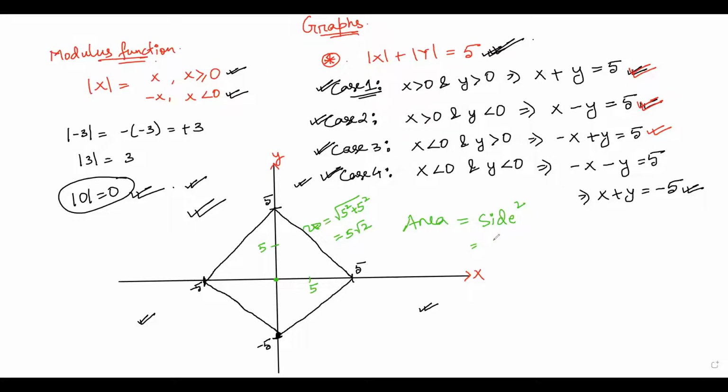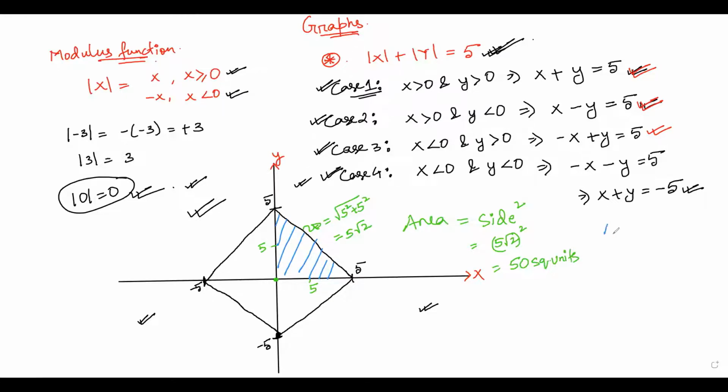So the area of the square would be simply side square, which would be 5 root 2 square, which would give us 50 square units. We can also find this area simply by finding the area of this triangle and multiplying this area by 4.